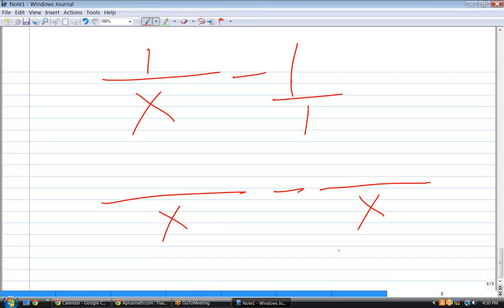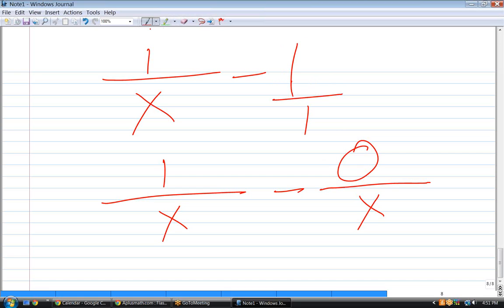X divides evenly into x one time, and 1 divides evenly into x, x times. Okay? So that's the same numerator there, right? That doesn't change. But what does this become over here? Do the same process. Divide 1 into x, take your result, and multiply it by this one.